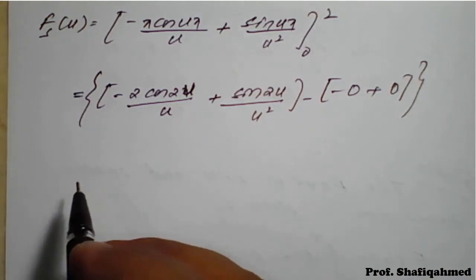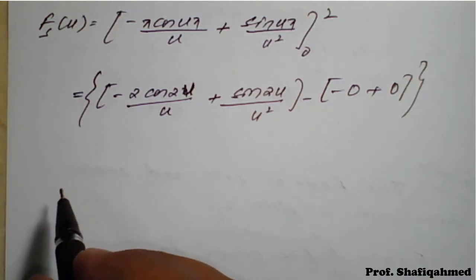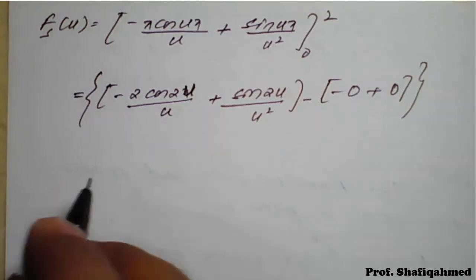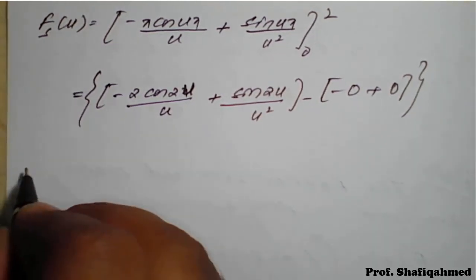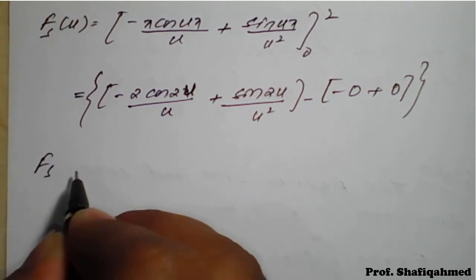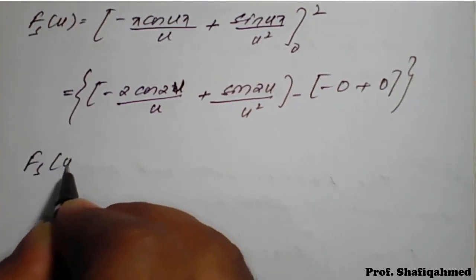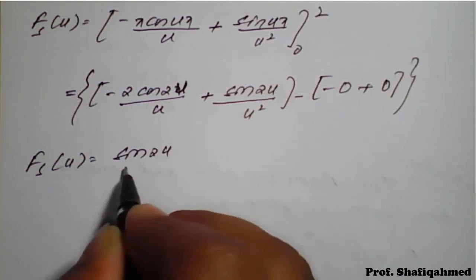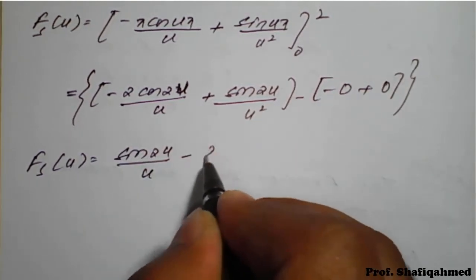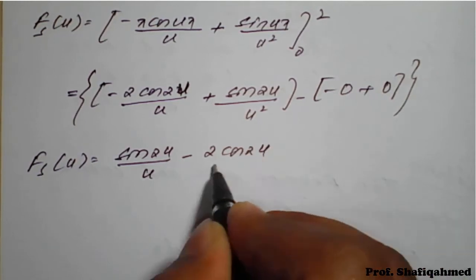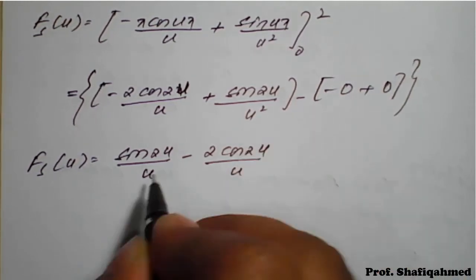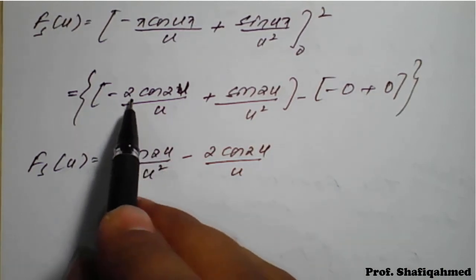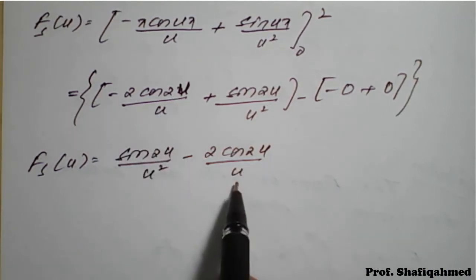So on simplification, finally fs of u is equal to, taking the positive term first, sine of 2u upon u square minus 2 cos of 2u upon u.